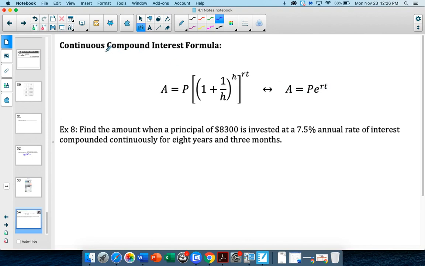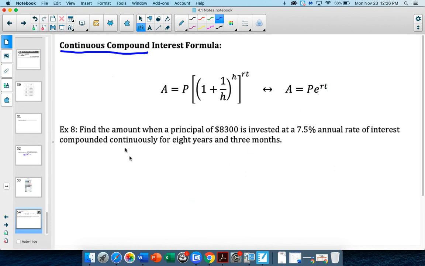If we are told that interest is continuously compounded, that means we're compounding it essentially an infinite number of times. It's just constantly compounded, not once a day or once a week. This is our formula to calculate the amount: the principal times the number e raised to the rate times time power.